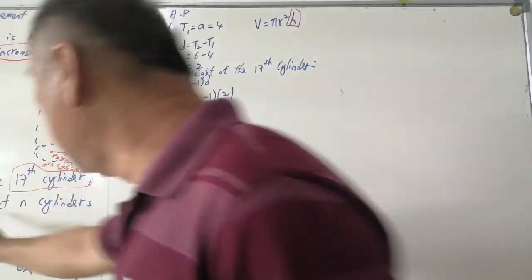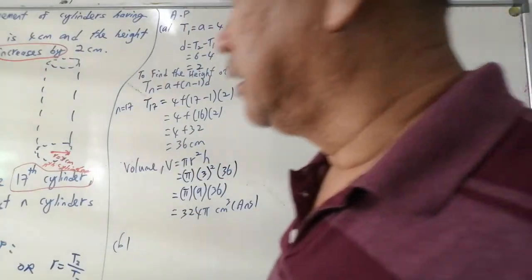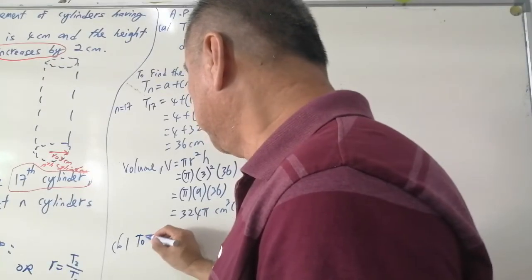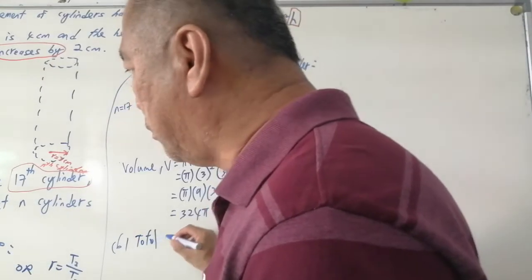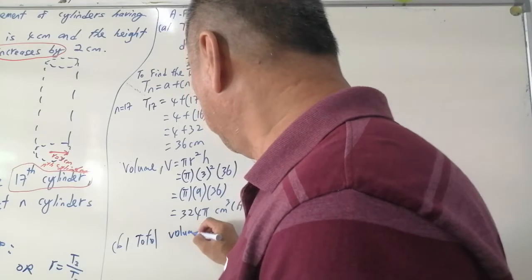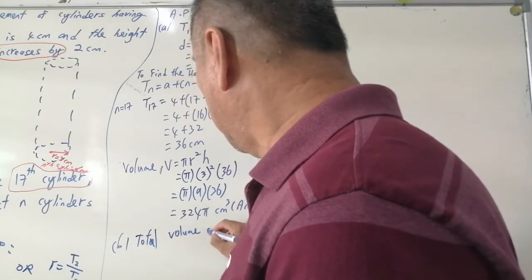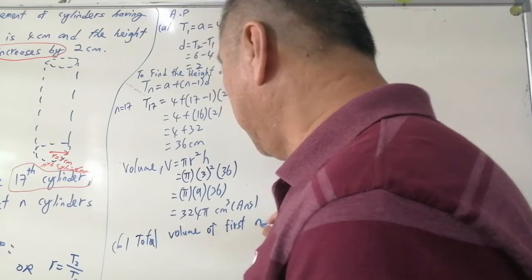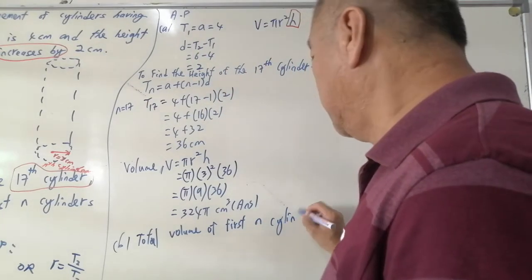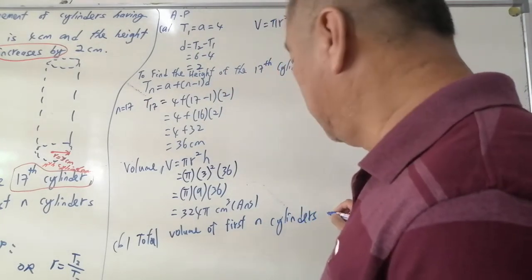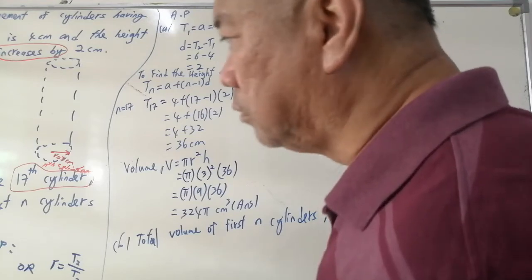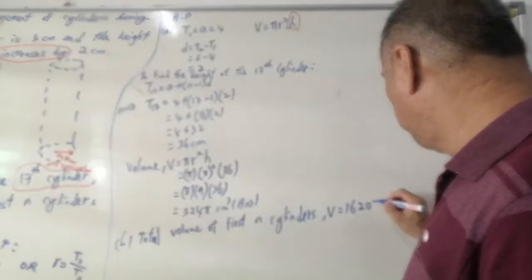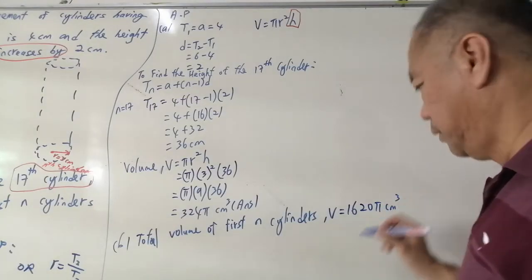Given the total volume of the first n cylinders will be equal to 1620 pi centimeter cube.